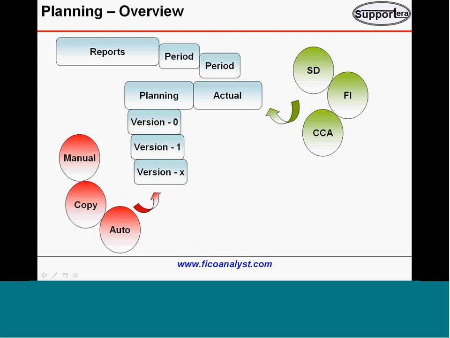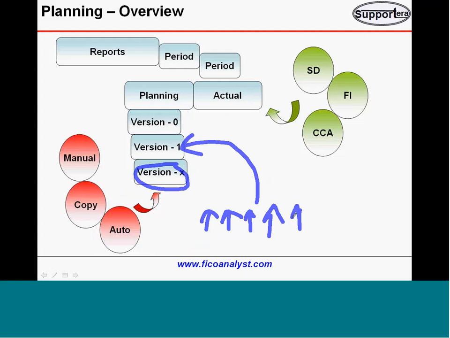So you copied actuals into this version, and at the same time you are employing bottom up: you are asking every department to plan their respective department. That means you have the option in SAP to do the bottom up and top down approach at the same time, because that is in one planning.